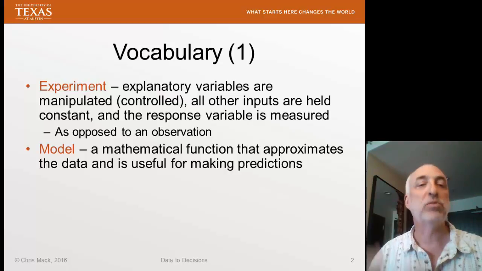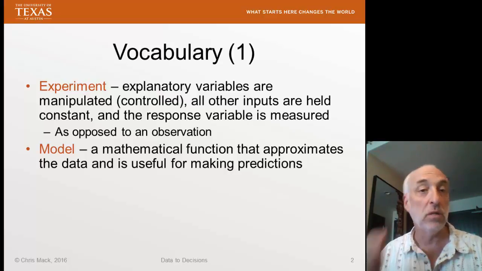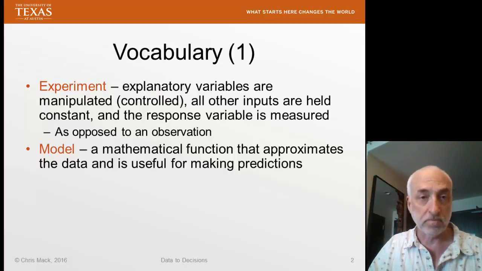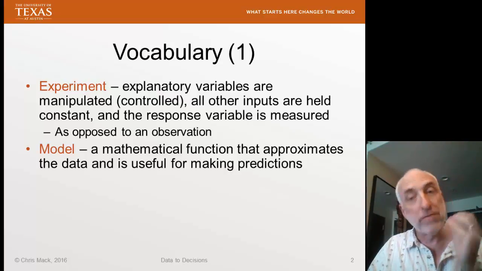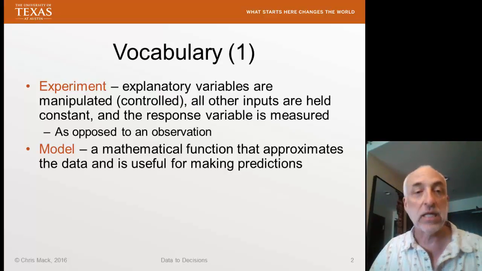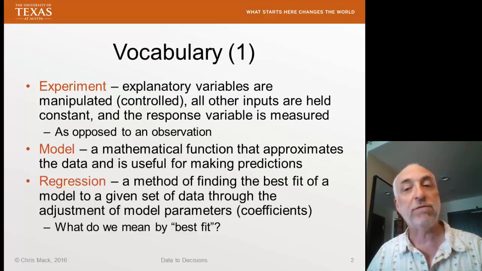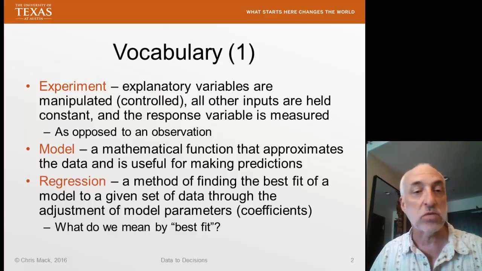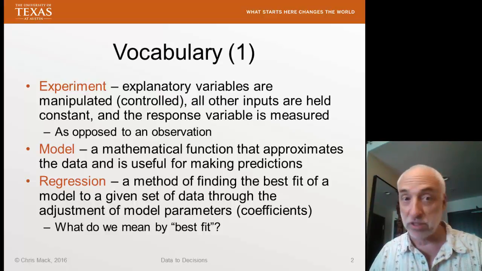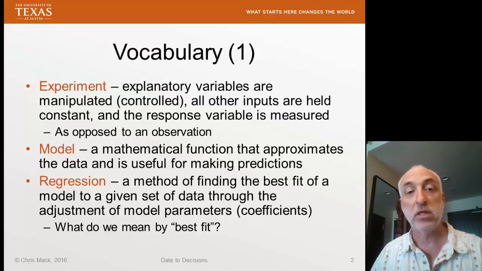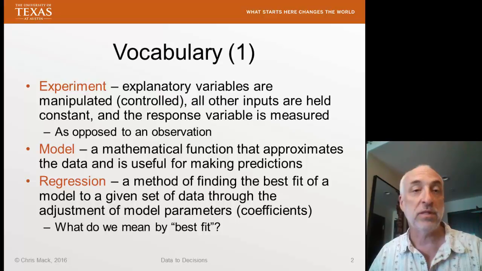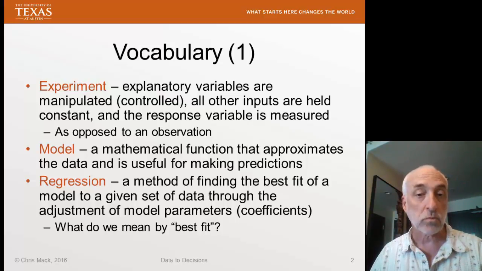In other words, we want to make predictions and see how well the model matches those predictions. The first step, matching the model to existing data, is a process we call regression. This is where we're going to find the best fit values of certain parameters in that model that will adjust so that it matches best the data from our experiment.